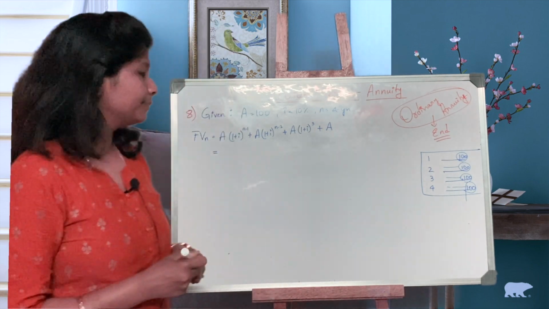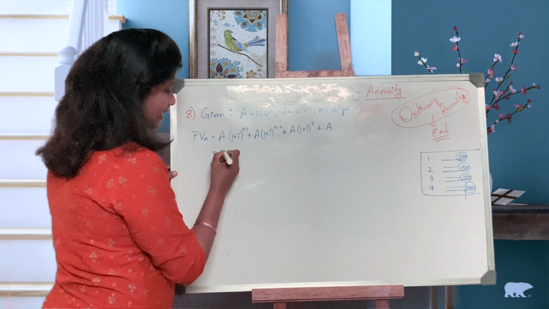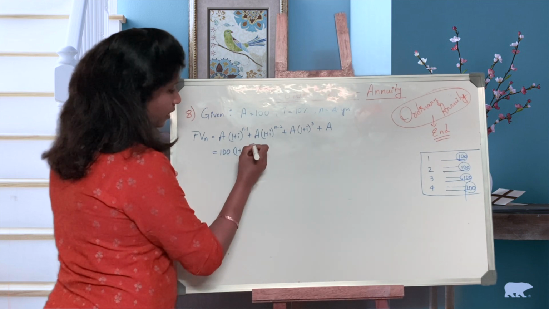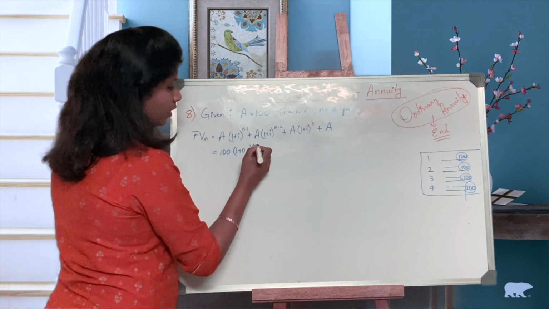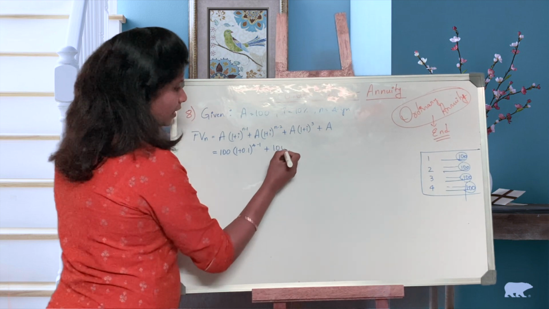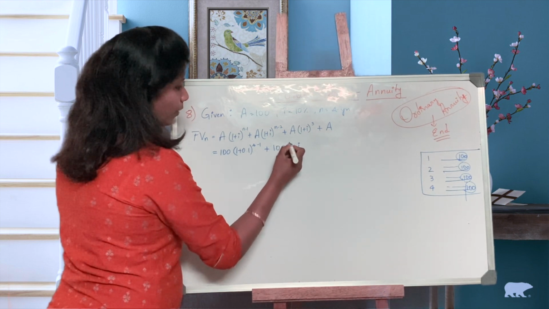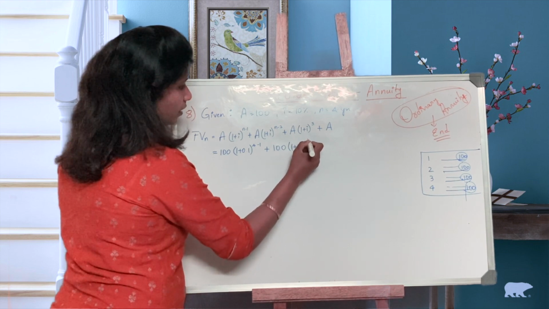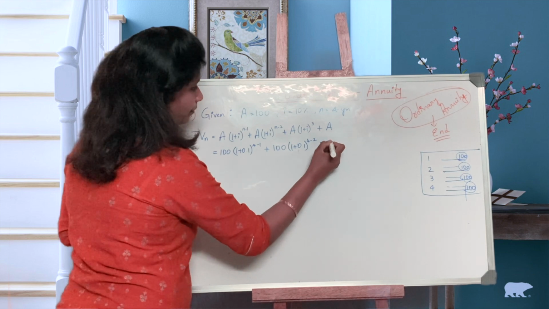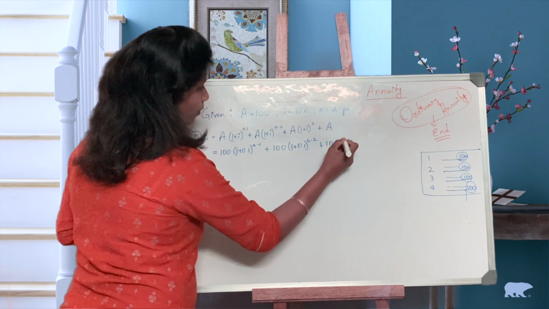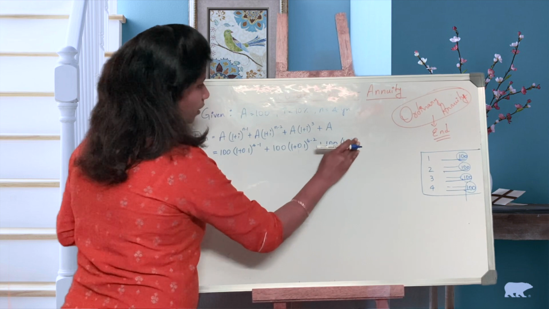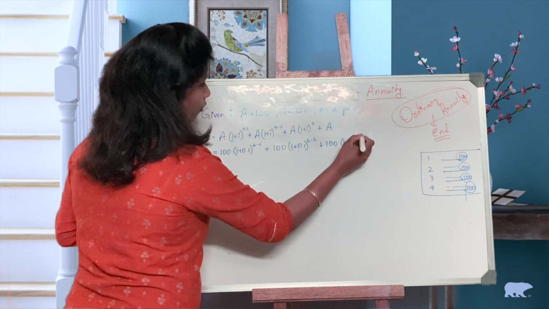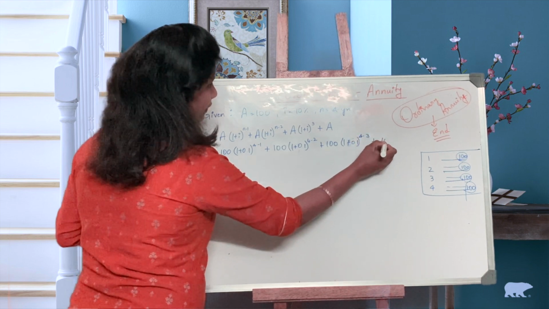Let's solve this question. A is 100, 1 plus 0.1 to the power of n, which is 4, 4 minus 1, 100, 1 plus 0.1 to the power of 4 minus 2, 100, 1 plus 0.1 to the power of 4 minus 3, and then we have 100.